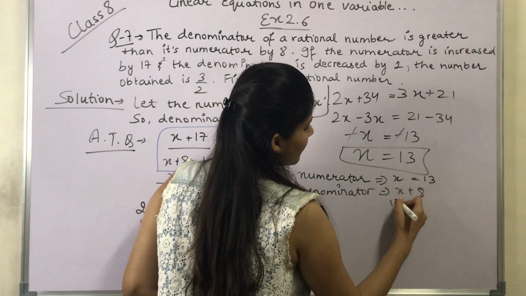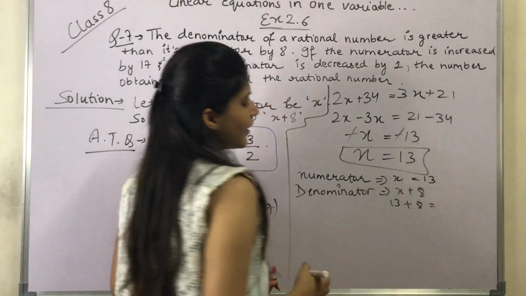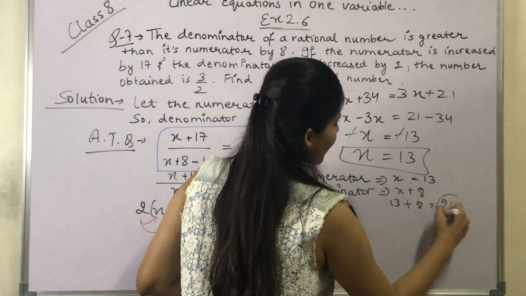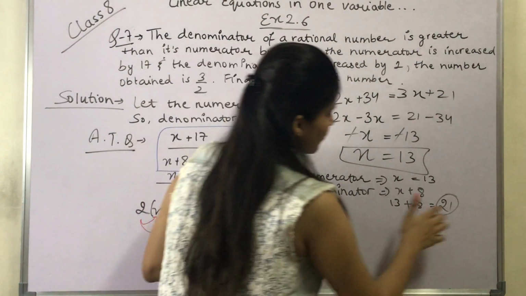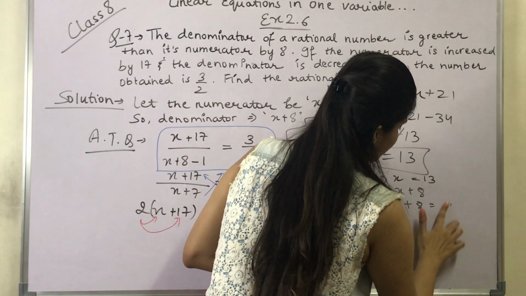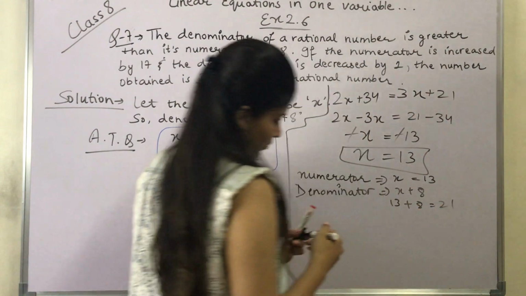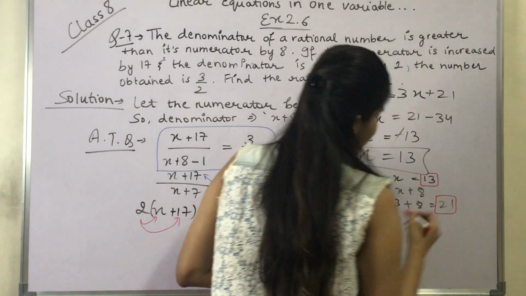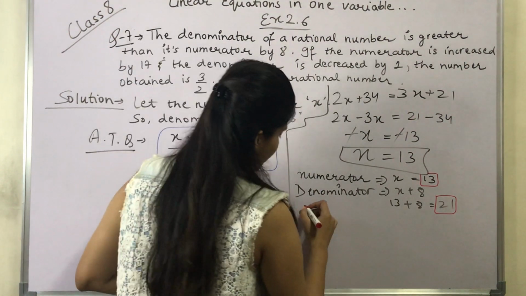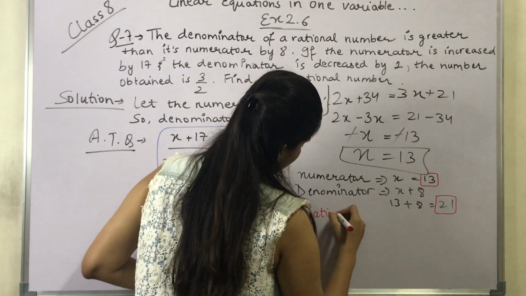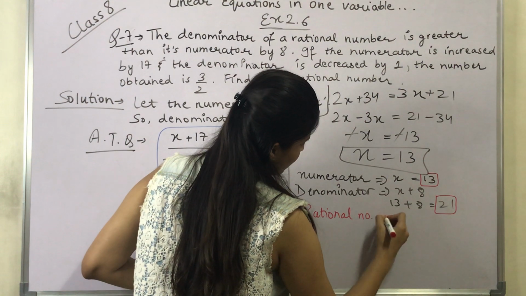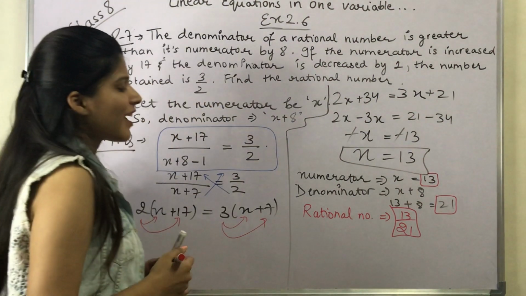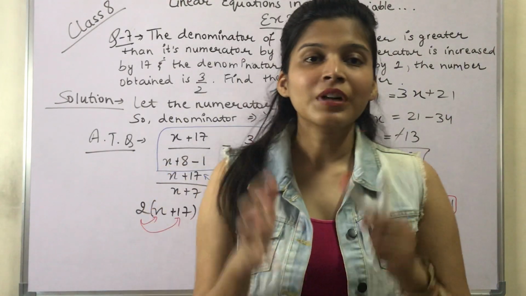So 13 plus 8 is 21. So numerator is 13, denominator is 21. So the rational number is 13 upon 21. So this is the rational number that we had to calculate.